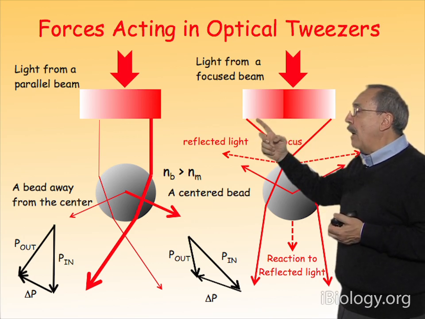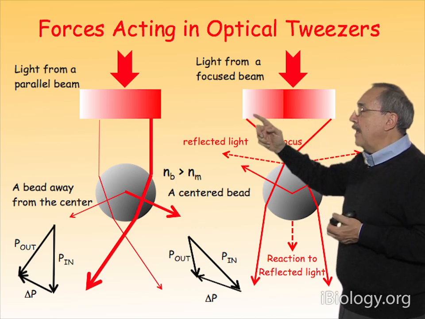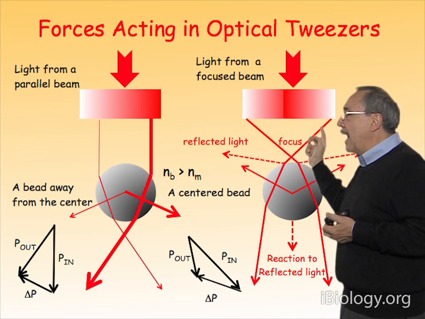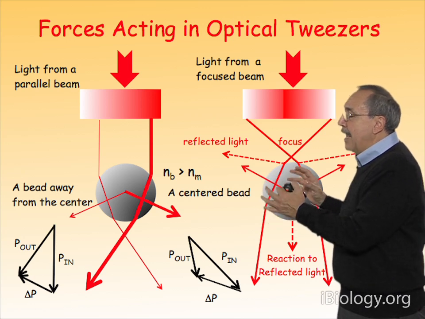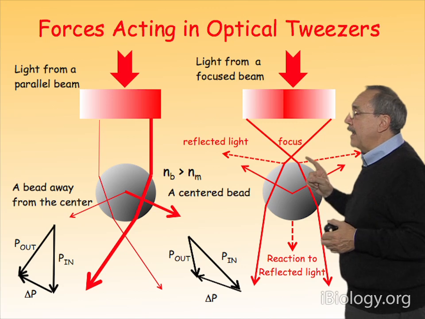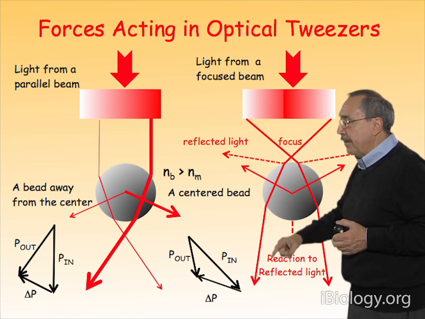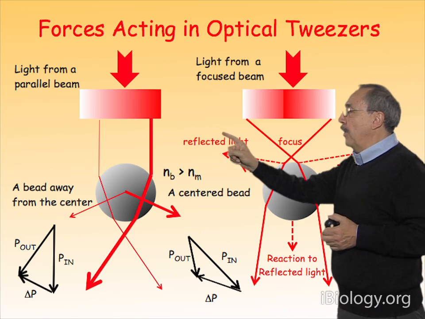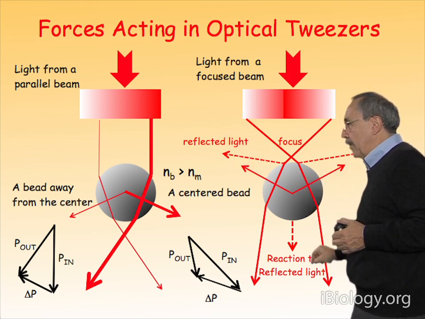You have again the Gaussian profile of the beam, right? It's more intense in the center than in the periphery, right? And now what we have done is we have centered the bead and put it exactly at the center of the beam. And so you can see that a peripheral ray now is going to be refracted in this fashion. And on the other side also the peripheral ray is going to be refracted in this fashion.